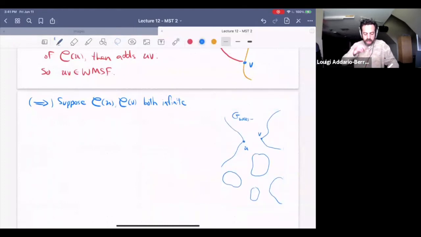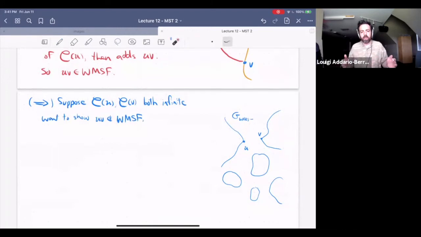Right, so now I have to show that no matter where, remember the wired minimum spanning forest has the edges that Prim's algorithm adds no matter where it starts. So I want to show that UV is not in the wired minimum spanning forest. I have to show that no matter where you start Prim's algorithm, it's not going to add this edge UV. Okay.